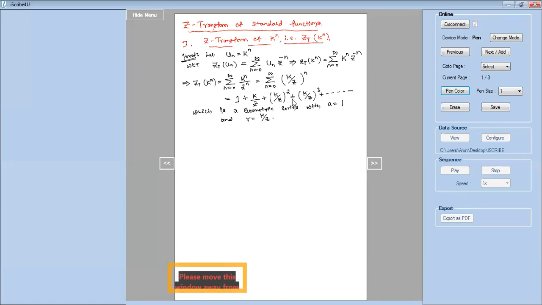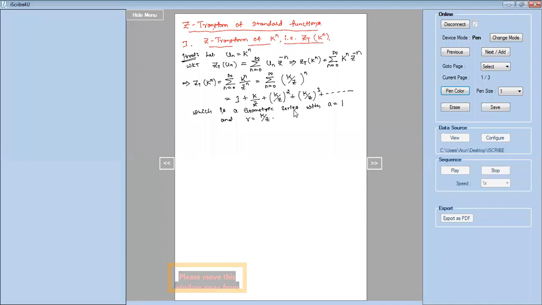And you can observe that it is a summation up to infinity. Correct? It is summation here, sigma symbol. Summation up to infinity. It means it is a sum of an infinite geometric series. And we know that there is a formula to calculate the sum of an infinite geometric series.